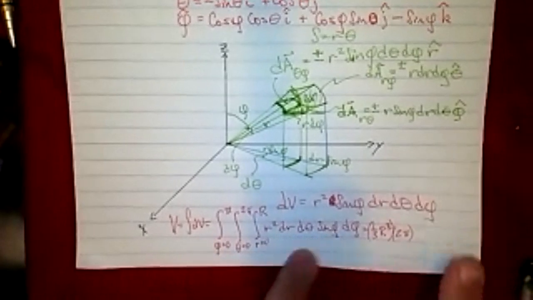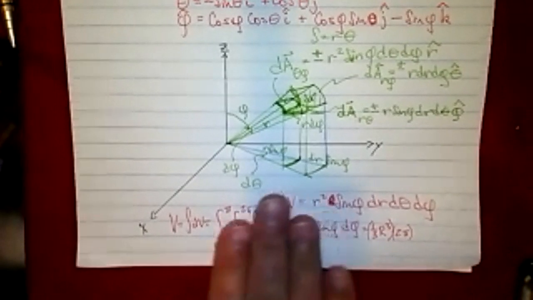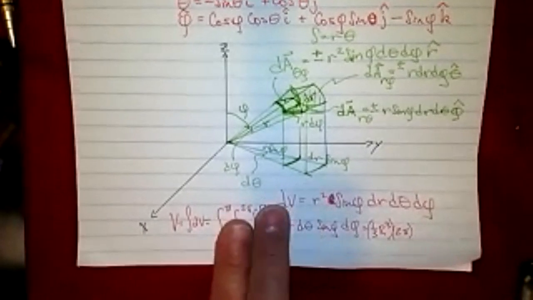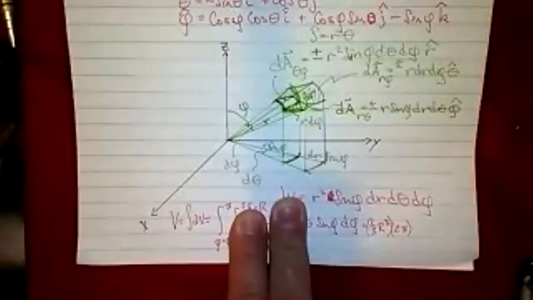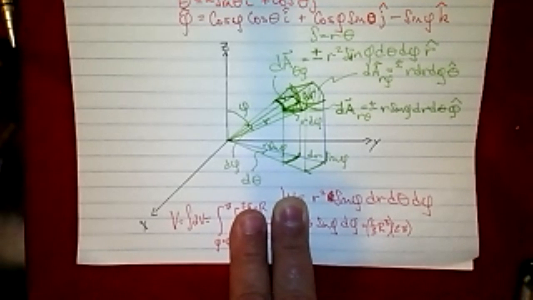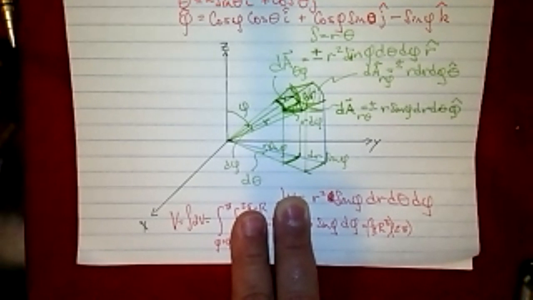And then finally, now I've evaluated everything but this one. I've got the integral of sine phi d phi. We know that the derivative of cosine is negative sine, so the integral of negative sine should be cosine, and therefore the integral of sine phi d phi should be negative cosine phi.